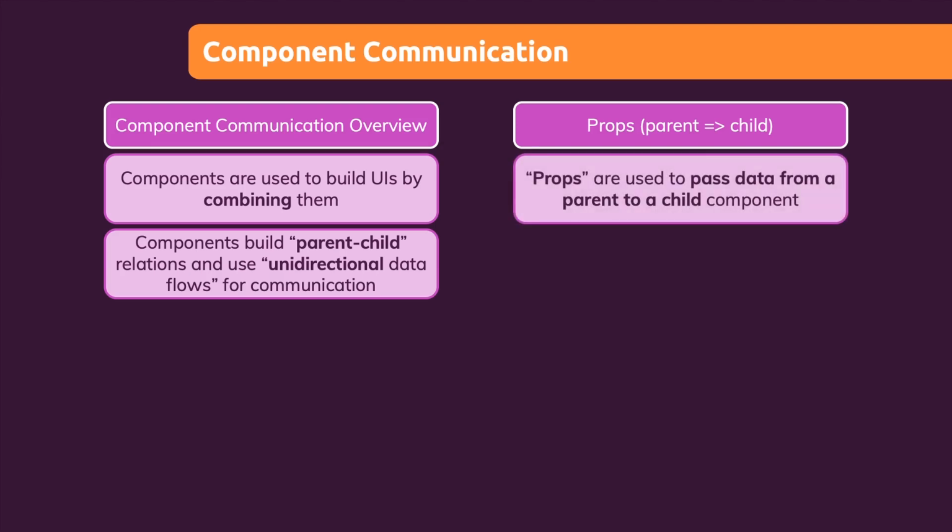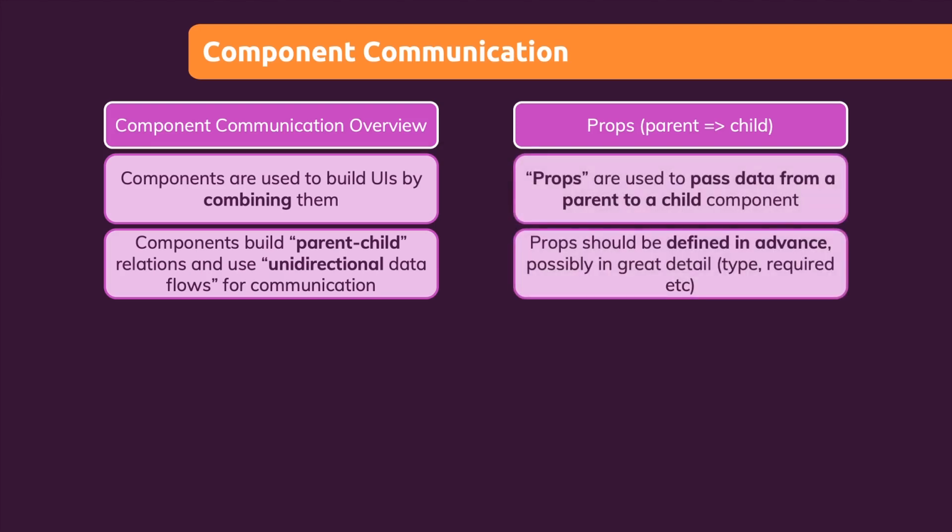So props are used for just that, and we should define props in advance in that child component which will receive them. You can either just specify an array to let Vue know about the props you want to receive, or you go into greater detail and you also let Vue know which type of data you're expecting, whether a prop is required, and all of that. You saw that in great detail throughout this module as well.